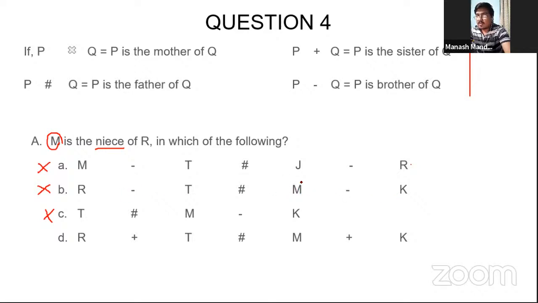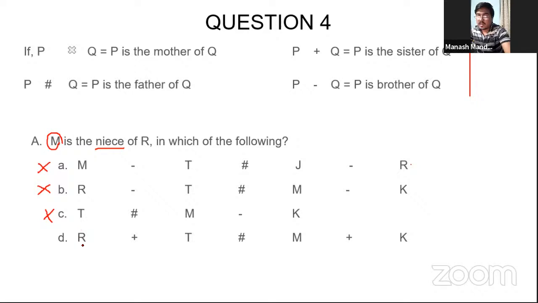And here, father. And here M is the brother. R is the brother of T, and T is the father of this. R can be a male or a female, but M cannot be a male.